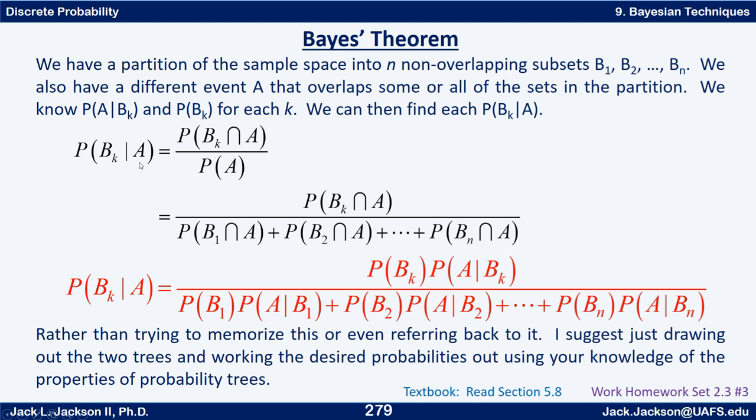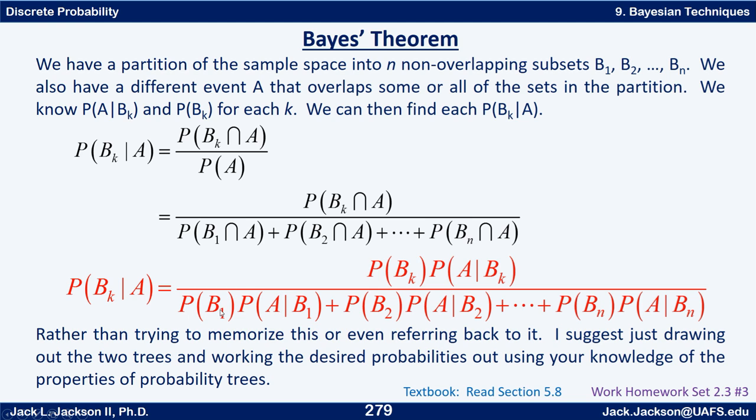So this is how it works. The probability of BK given A is the probability of the intersection, BK intersect A, divided by the probability of A. Well, we write the probability of A as the probability of B1 intersect A plus probability of B2 intersect A plus probability of B3 intersect A, all the way up to probability of Bn intersect A. And then we rewrite each of these intersection probabilities as the product of a marginal probability, just the probability of a B, and then a conditional probability.